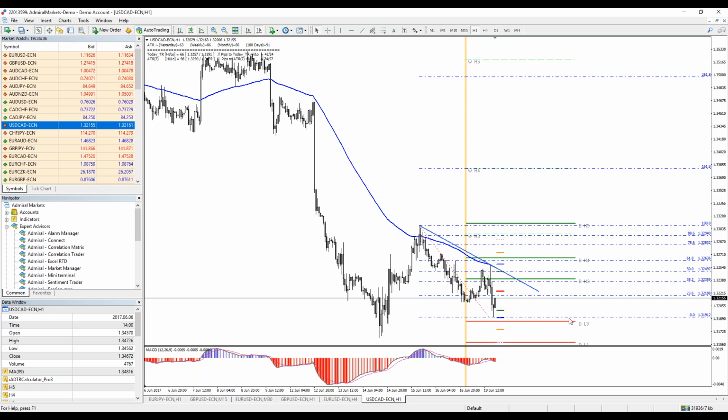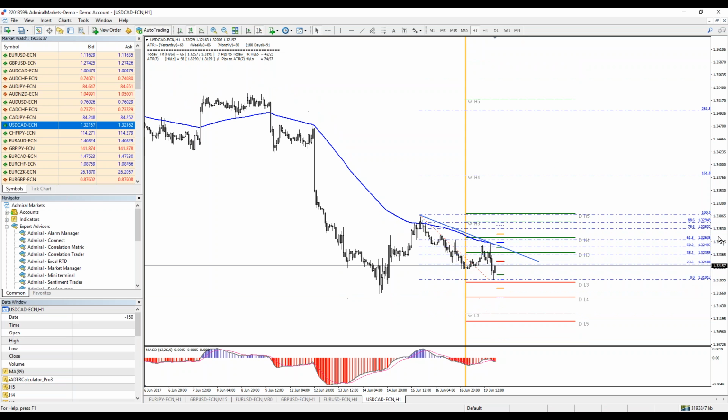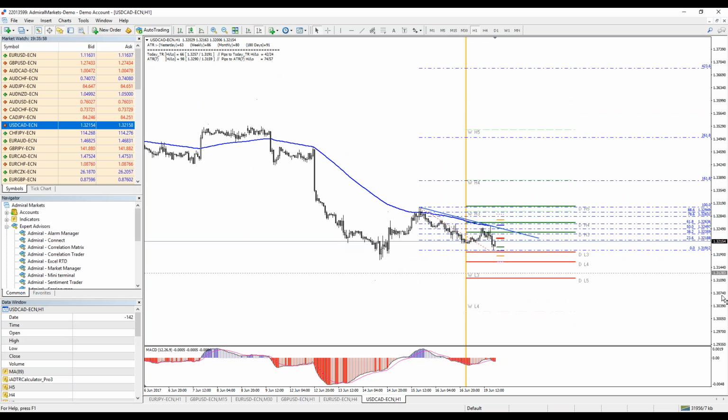I need to wait. Where would we buy? 31.20 could be a buy spot because it's weekly L3. It's strong. This bottom can possibly be broken, but I think this could be a level to go long around 31.20. 30.90 will be the stop loss below this daily L5. 30.90 could be stopped.